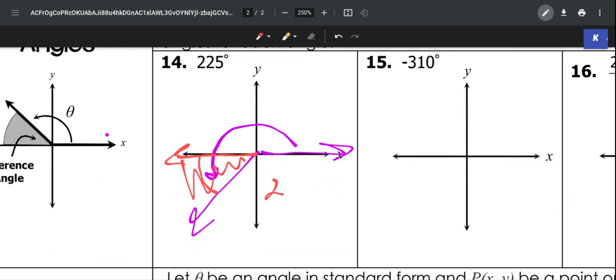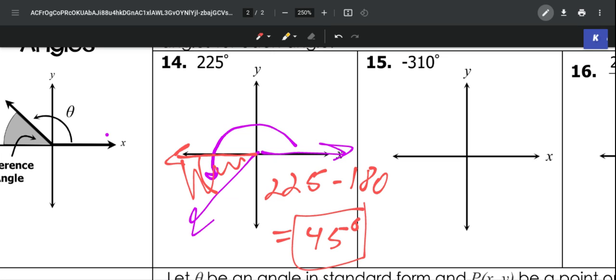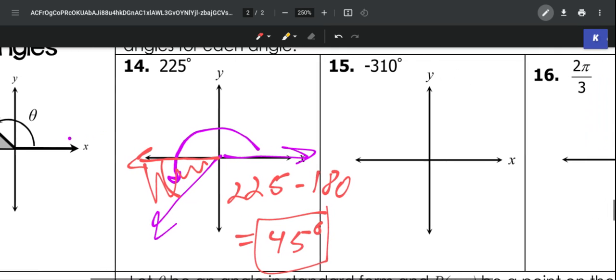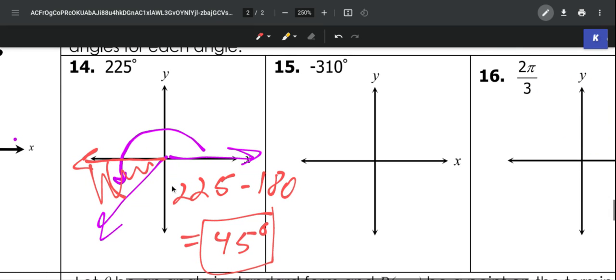So we would say 225 minus 180, that's going to give us 45 degrees, which hopefully when we do some of this in class, it'll look a bit easier. While we're on the videos, it's not as easy to see, but essentially we have 180 degrees within this 225. So if we subtract it out, whatever's left over would be this shaded area here.